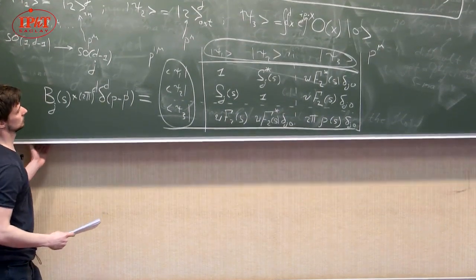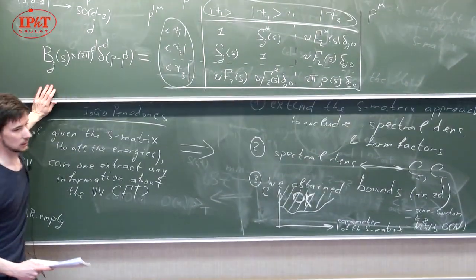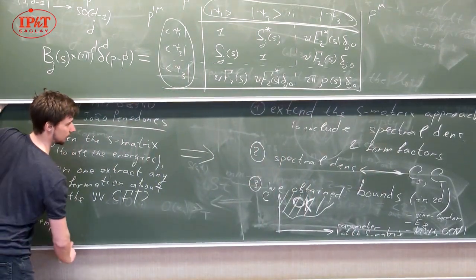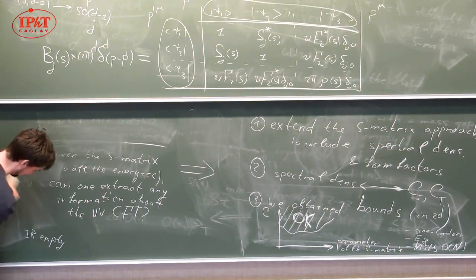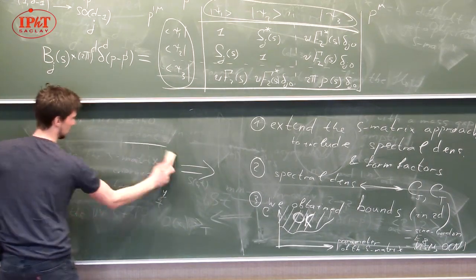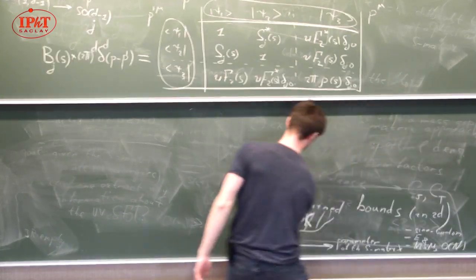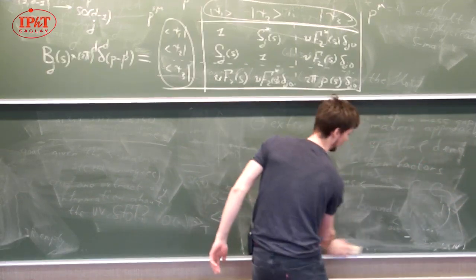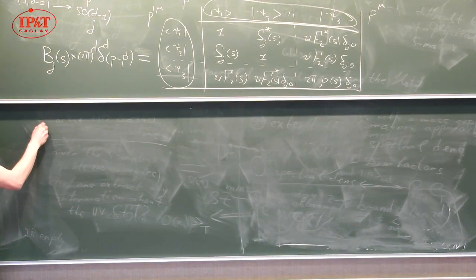Okay, so what can we do with this matrix? Now, this matrix is written in a very convenient form for imposing unitarity constraints. So what is unitarity? If we have a Hilbert space in our theory, we have various states.